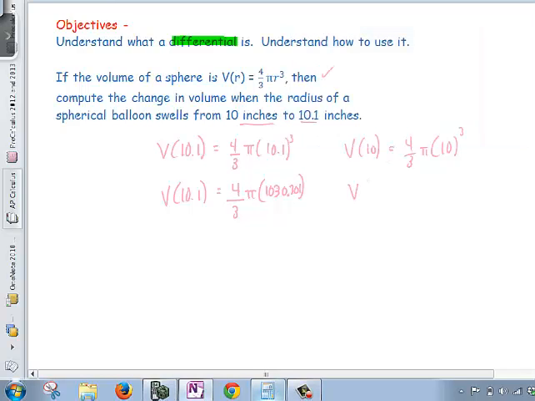And then the volume at 10 would be 4/3 pi times 1,000. And when we take the difference of these, we would find the change in volume. So I'm just going to calculate that and I'll come back with the answer in a moment.